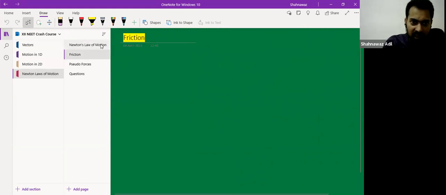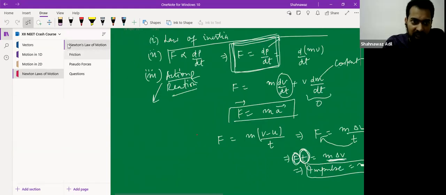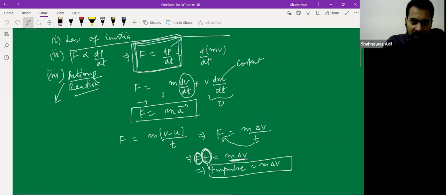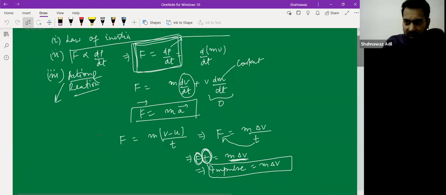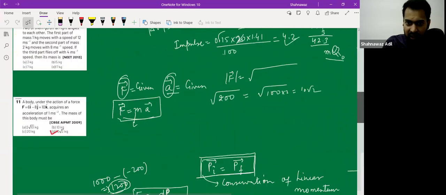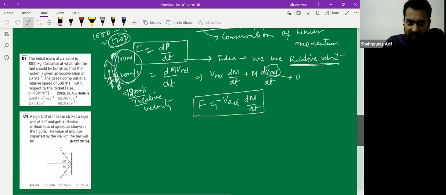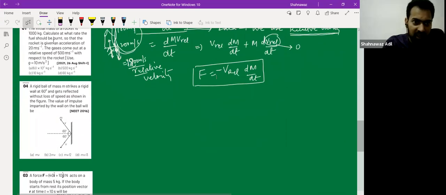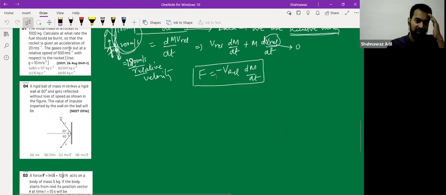When I start friction, then I will do some free body diagrams. So just bear with me and take it for granted that the free body diagram of the rocket and the gas system, right? This mass is the mass of gas. The gas is burning, so mass is depleting. So this is the rate of change of mass.